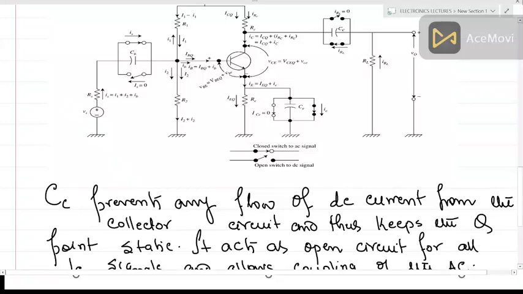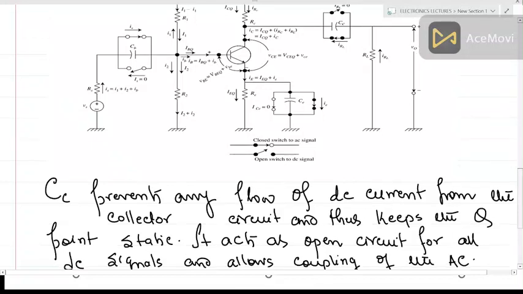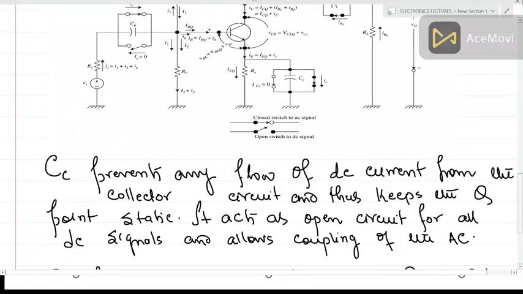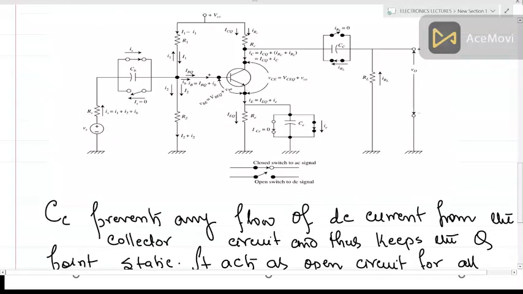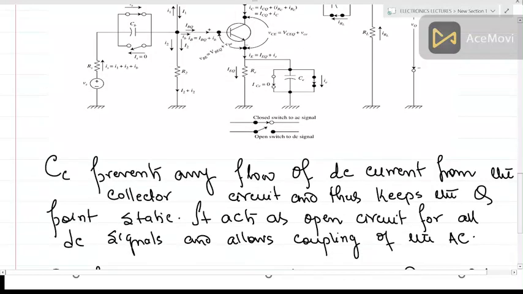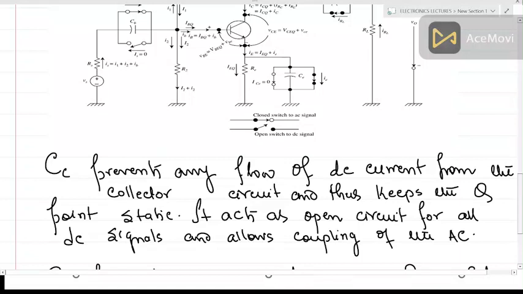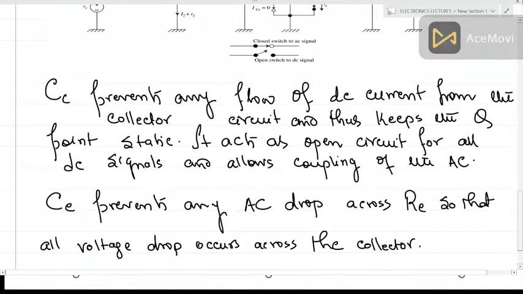Remember that for proper amplification we have to keep the Q point static. So this CC will again block all the DC components and act as an open switch, and it will allow the passage of AC only, because of the relation I have shown you for the capacitive reactance.